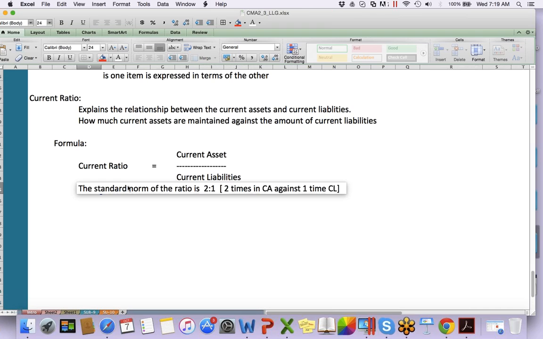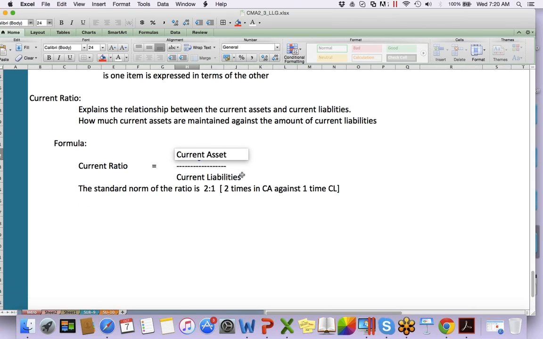Almost all organizations maintain a current ratio of 2:1, so that the company will be safe in paying its current liabilities on time, and no supplier or employee will complain about non-payment of liabilities, because you have a good amount of funds in current assets.